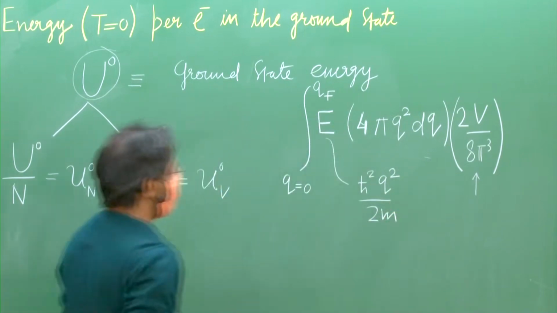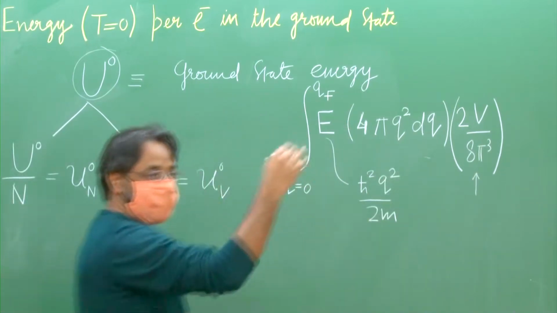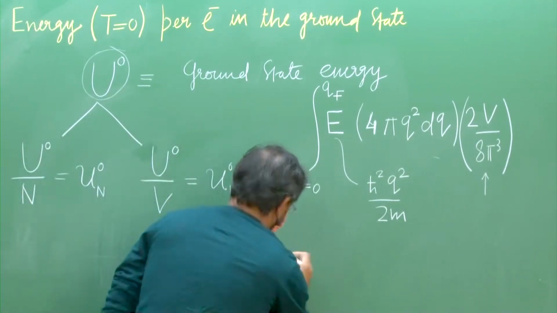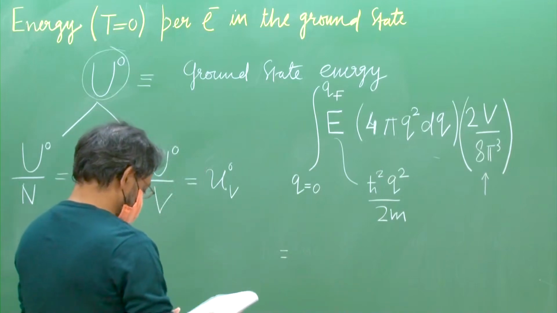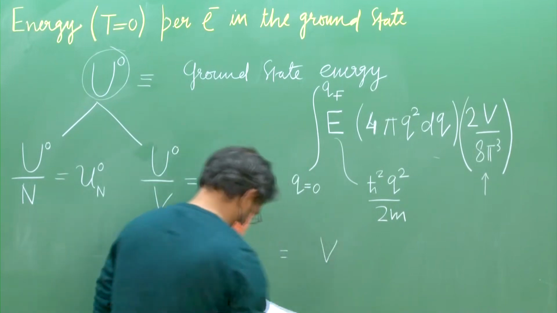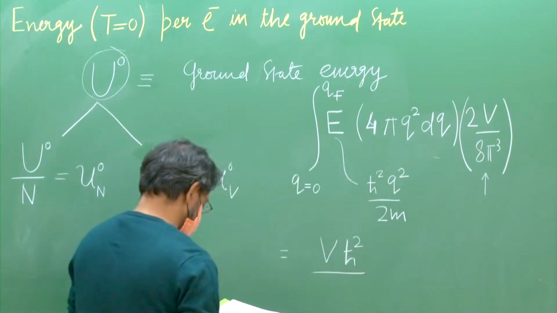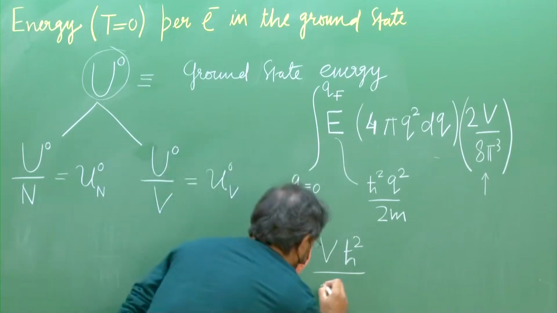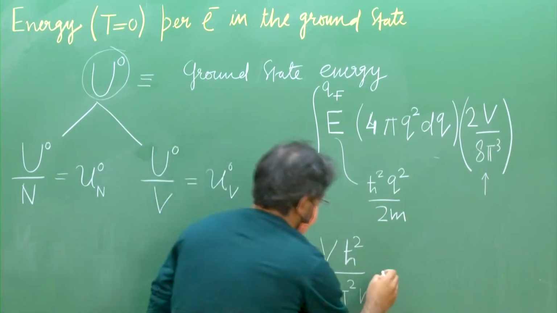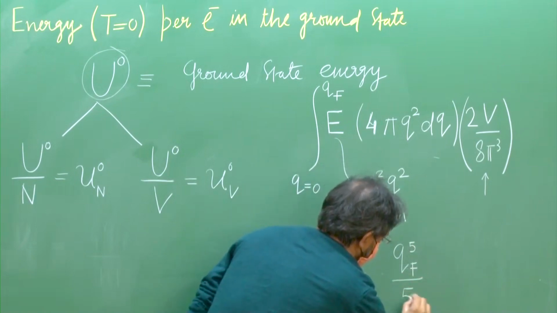You can plug that in here, and then you will get q to the power 4. You will integrate it, you will get q to the power 5 by 5, and if you do everything carefully, which you would, then you should get something like this: V h bar square over 2 pi square m, and then q F to the power 5 divided by 5.